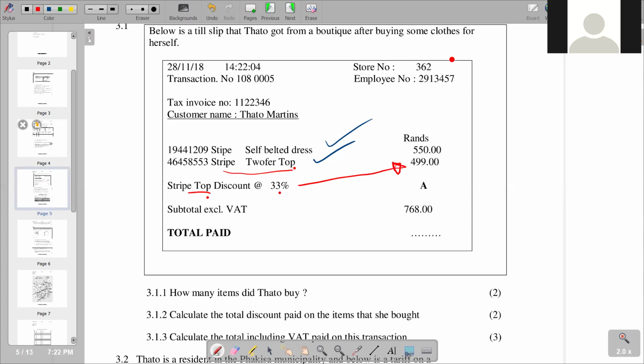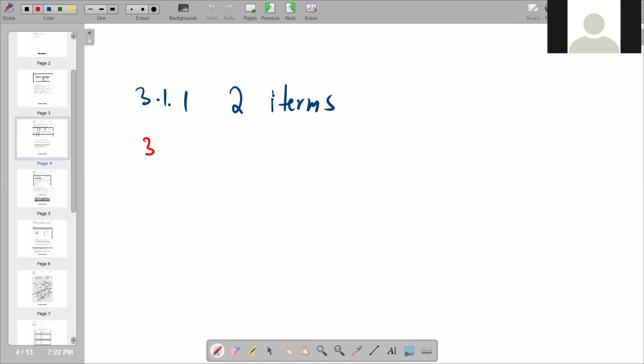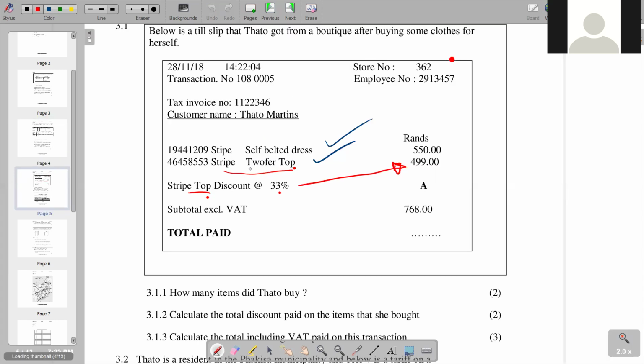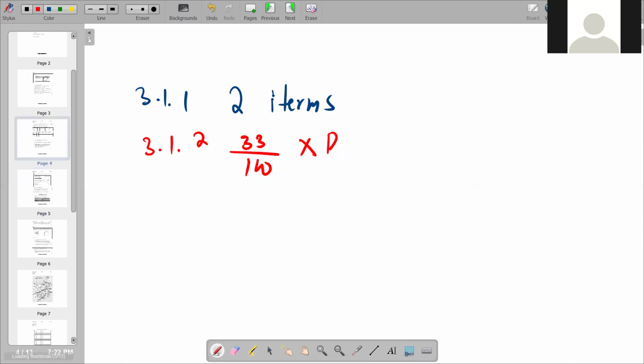So on our other section again, 3.1.2, we're saying 33% is 33 over 100, and then we multiply by 499 rands. So we calculate it as such and see what we get. Basically 33 over 100 becomes 0.33, and then we multiply by 499.